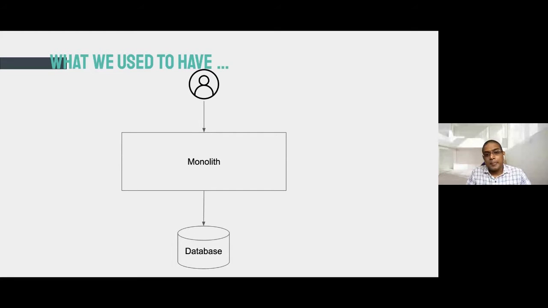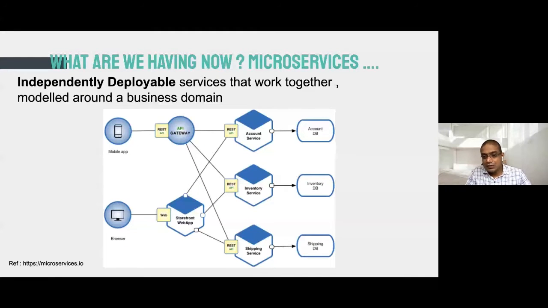Then the new thing came up. It's called microservices. This microservices architecture style is not really a new architecture style; it's been there for about 6 to 7 years. If we define a microservice, it's called independently deployable services.